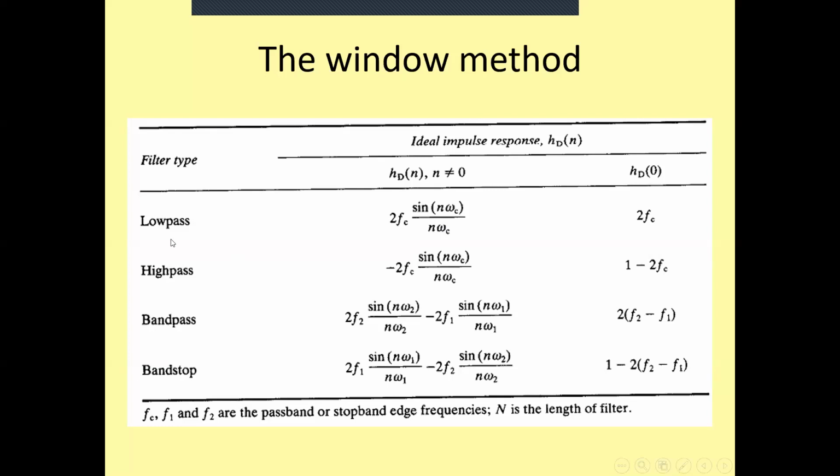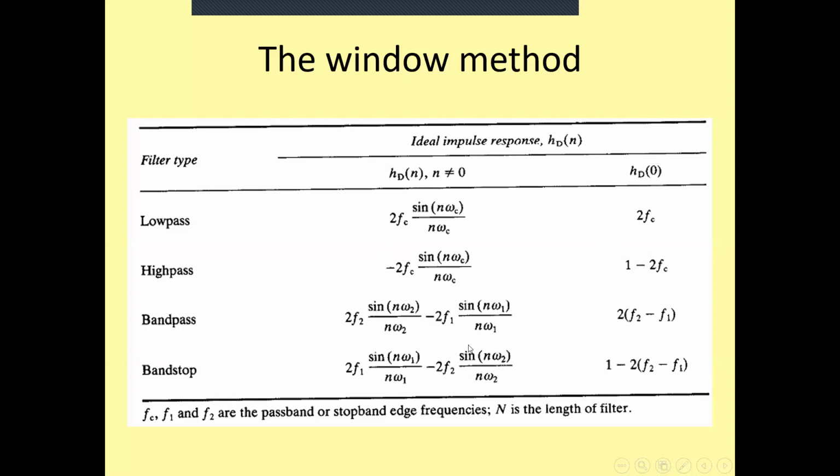Second kind will be the high pass filter. Look, there is a big similarity between the equation of high pass and low pass filter in the time domain, I mean the impulse responses. They are the same, except we have minus, and the HD of 0 for high pass filter will be 1 minus 2fc. Then we have two equations for the band pass filter and band stop filter.